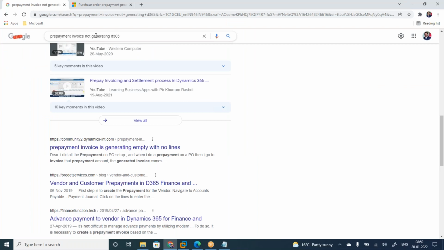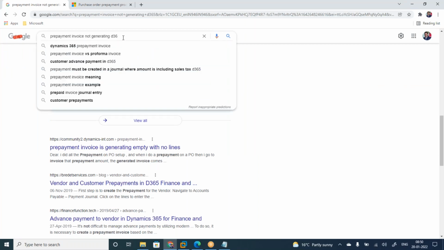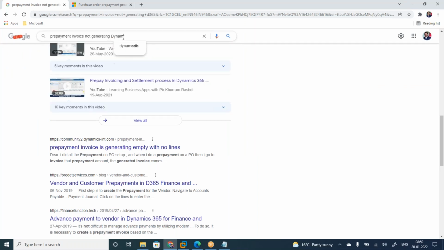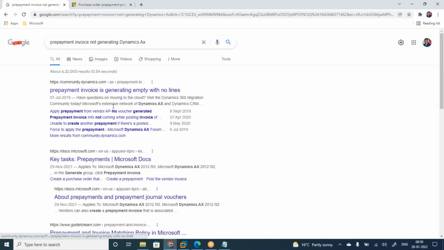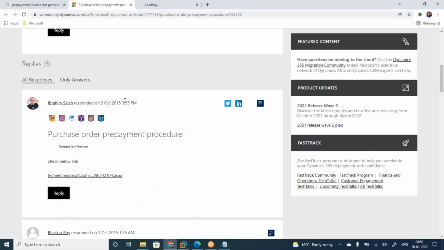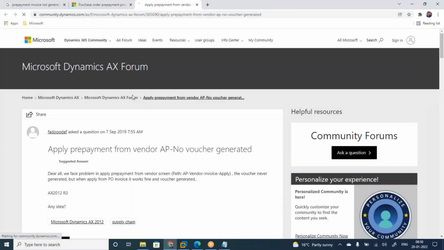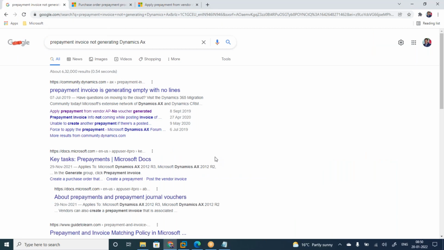Try to make some topic, and sometimes you can enter something like Dynamics AX, then it will show you 2012 issues and other things, and try to understand what is the error it is explaining, what is the question he asked, and what is the solution it proposed. You can go through it like this.